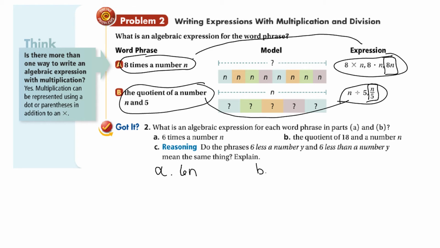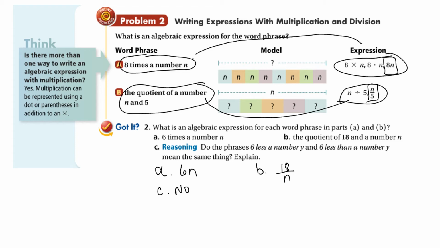The quotient of 18 and a number n would be 18 divided by n. And C, do the phrases 6 less a number y and 6 less than a number y mean the same thing? We talked about that up in the previous slide.